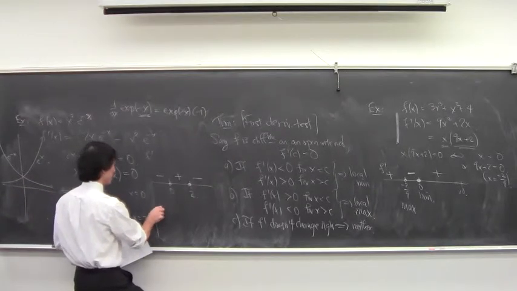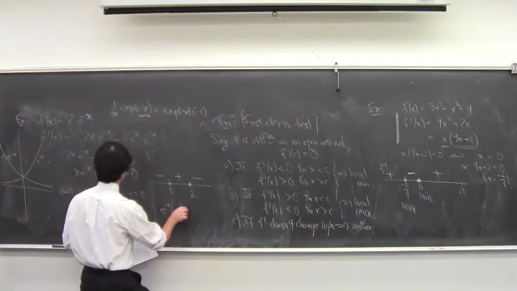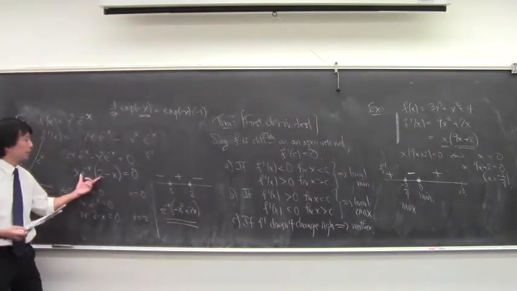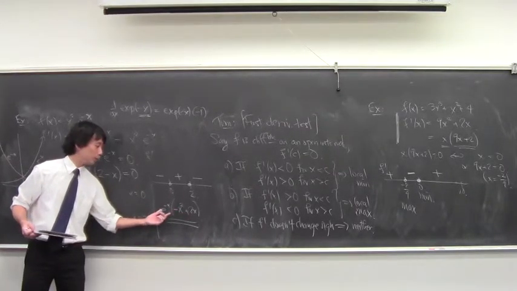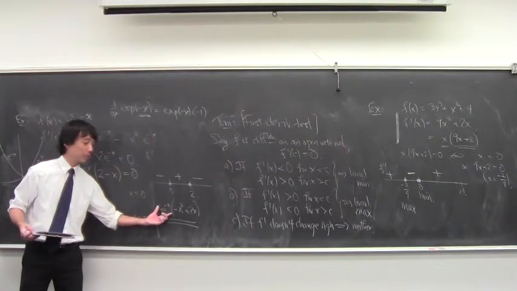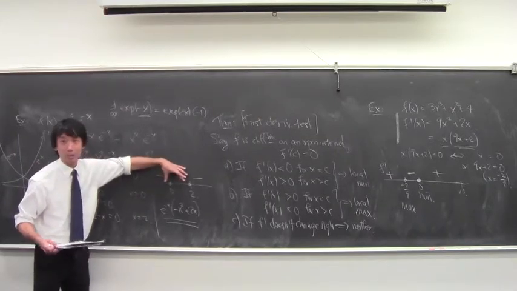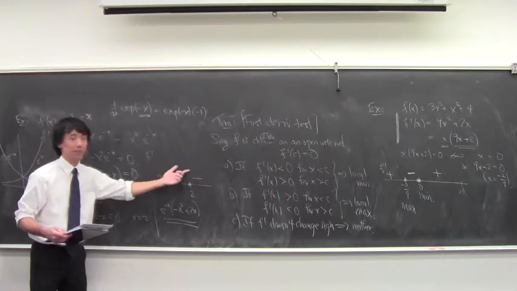This is e to the negative x times negative x squared plus 2x. It's a downward facing parabola multiplied by some changing positive number. So you know it's going to be negative, positive, negative.